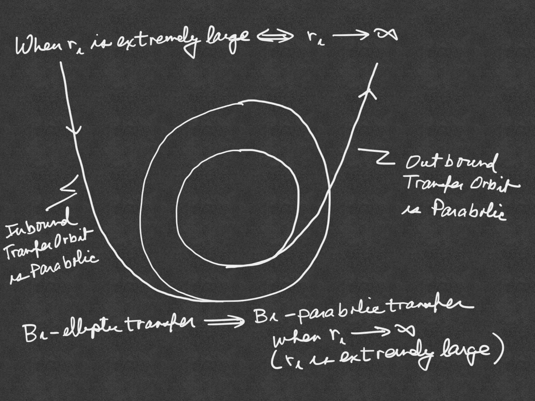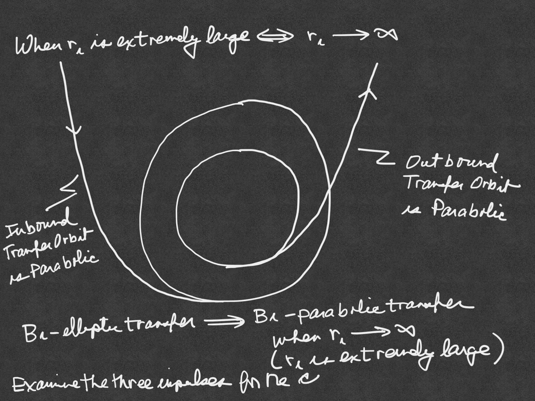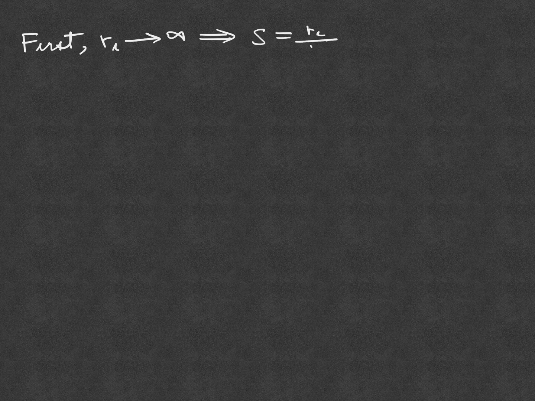So now, let's examine the three impulses for the case Ri approaching infinity. First, Ri approaching infinity implies that S, which is equal to Ri over R2, also approaches infinity.